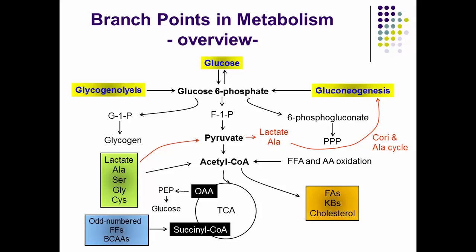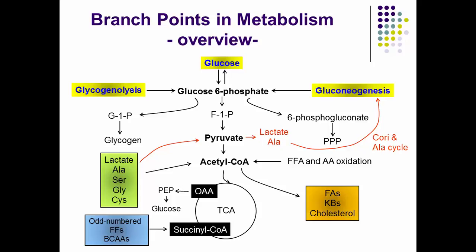For example, in the muscle it can be completely oxidized to produce ATP. And in the liver, acetyl-CoA probably will not be completely oxidized, but can be used for generating ketone bodies and cholesterol and also fatty acids, right? Depending, again, on the physiological conditions.